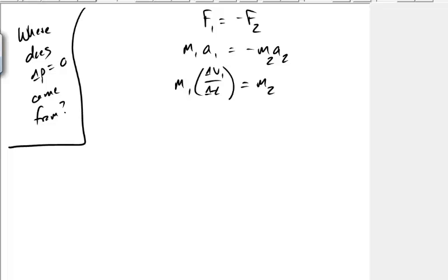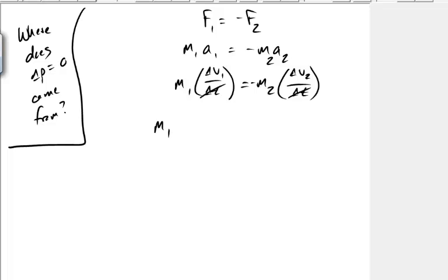Now, the time that these objects are in contact with each other is exactly the same. Right. So I don't have to subscript that out. All right? And that starts to make things a little messy. But if you're careful, you notice that we have delta t terms on both sides of the equation, don't we? So what do we get away with? We get away with canceling them.